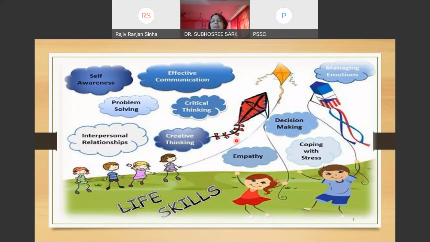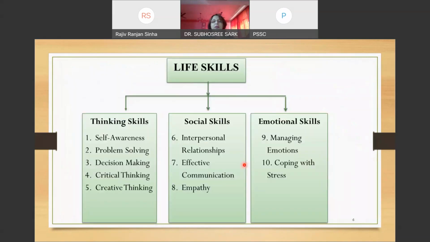These are the 10 life skills given by the World Health Organization, and today we will be concentrating on problem solving. These 10 life skills are grouped under three main skills: thinking skills, social skills, and emotional skills.